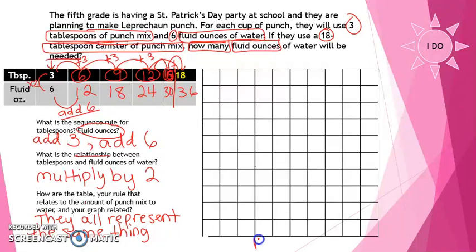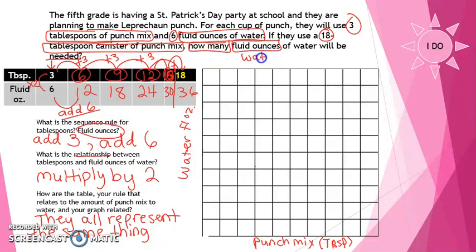So we know that we have punch mix in tablespoons, and we have water in fluid ounces. And this is showing the relationship of how much water will be used for an 18 tablespoon canister of punch mix.